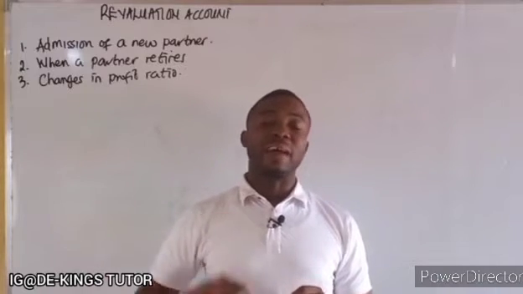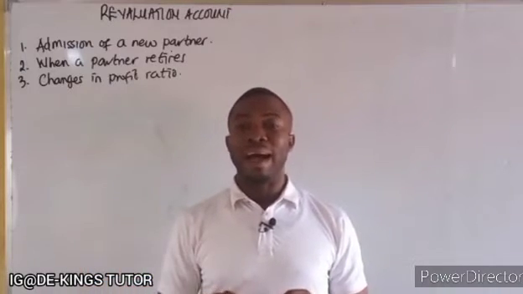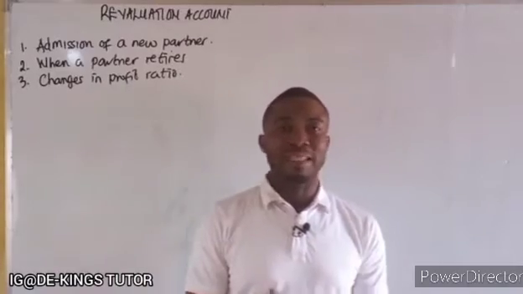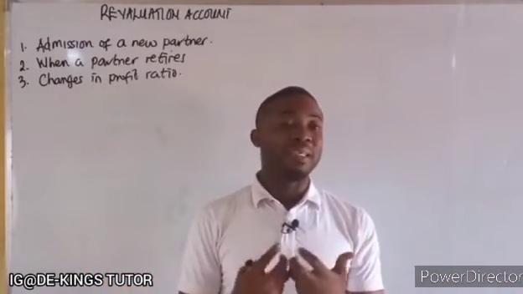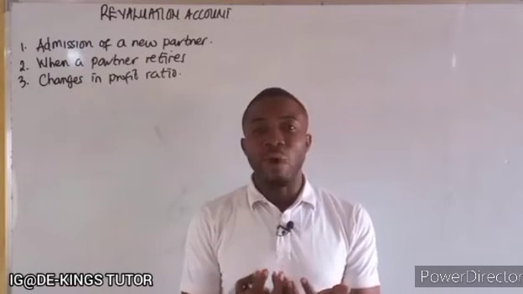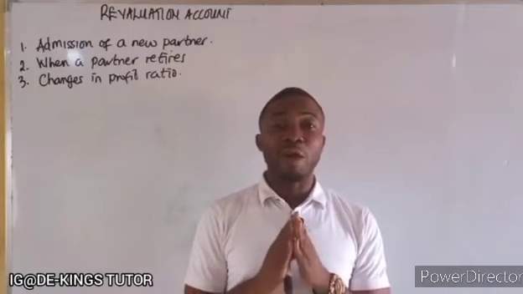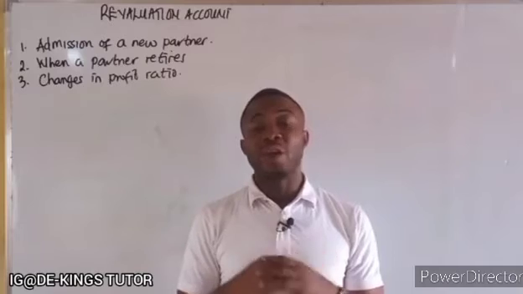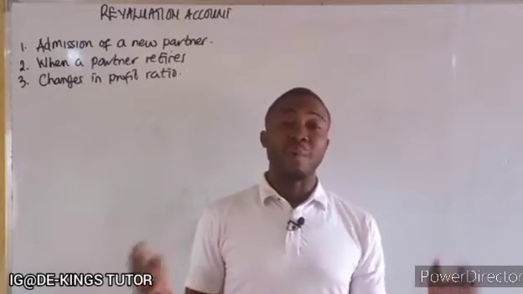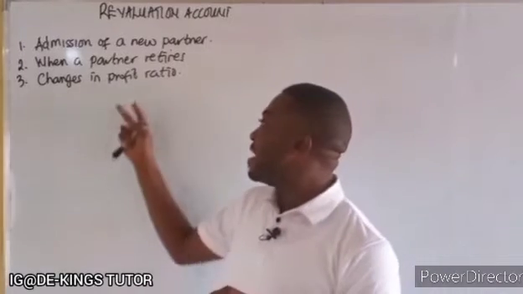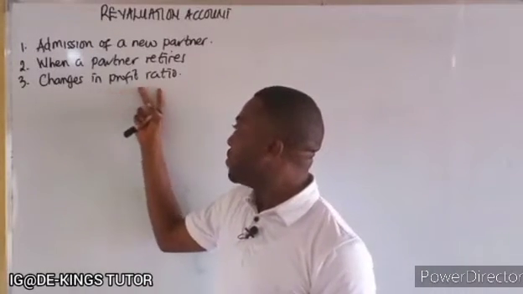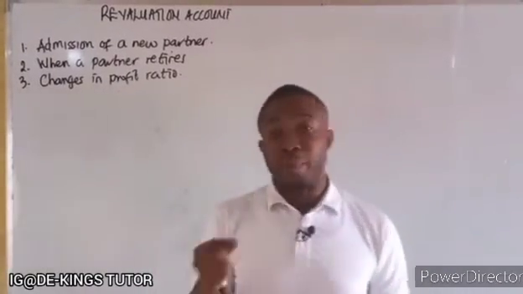The business might have grown to a state whereby they spend more time in that business to forsake other businesses. They spend more time in that business, they invest more in that business. So definitely their current profits might not be able to cover their bills. The current profit might not be good enough. So definitely they might embark on changing the profit ratio.